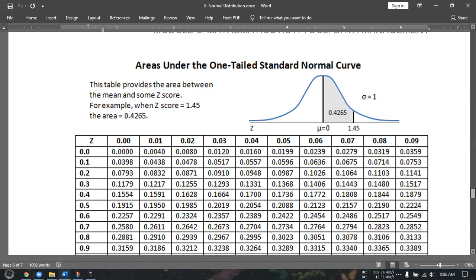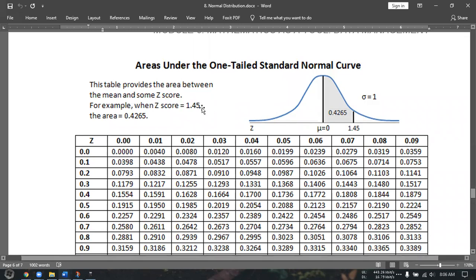One tail means we just consider the right side or the left side. Since the normal curve is symmetrical about the mean, you can disregard the sign of your z-score and go over with this table. This table provides the area between the mean and some z-score.